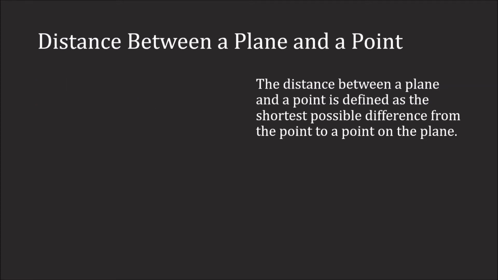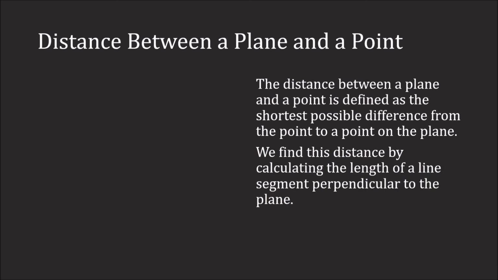Let's now look at distance between a plane and a point. So this distance is defined as the shortest possible distance from the point to a point on the plane. We find the distance by calculating the length of a line segment that is perpendicular to the plane.